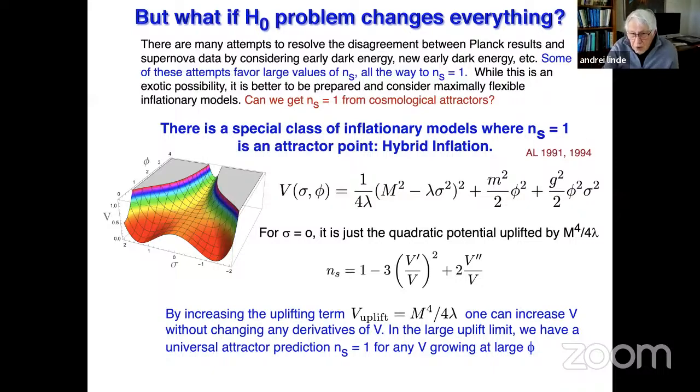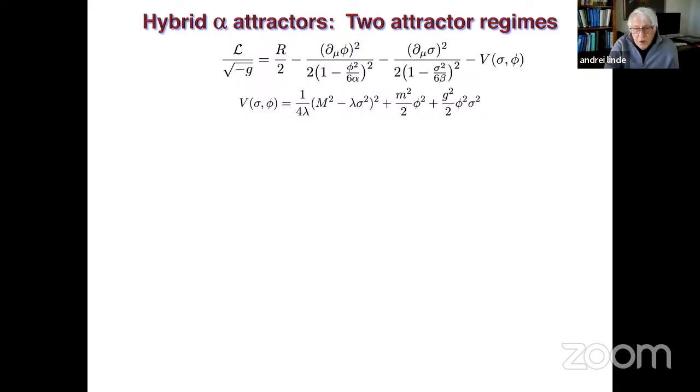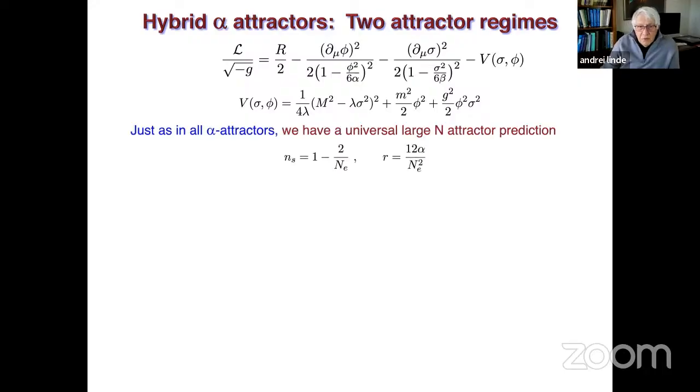And now, interestingly, if we study the same thing in hybrid inflation, where instead of normal scalar fields I introduce both of them as alpha attractors, so both of them having poles, then alpha attractors at large N, large number of e-foldings, nevertheless do have this alpha attractor prediction. So everything remains correct.